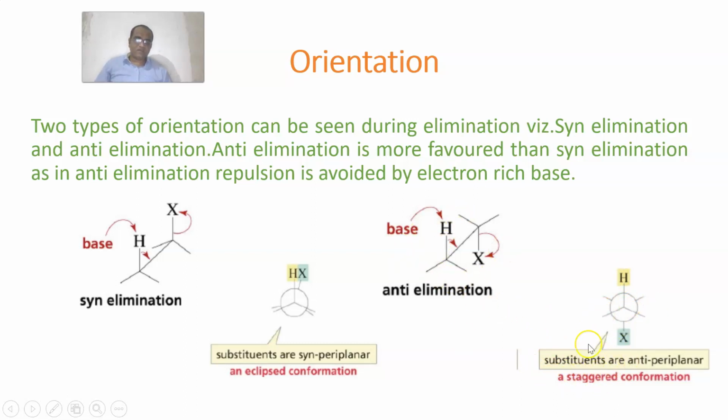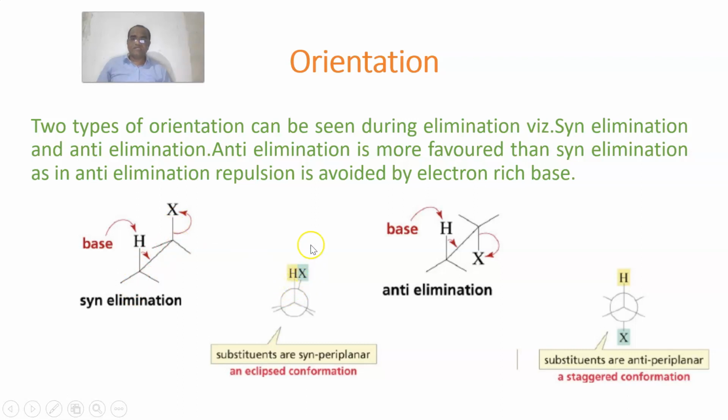This one is Sawhorse and this one is Newman. These are opposite to each other, and the angle here is almost 180 degrees, whereas in the syn case the angle is 0, because they are lying in one plane.